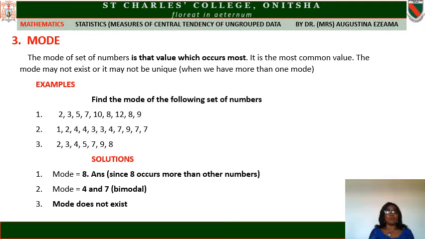Number 2, we have bimodal. When you have two numbers that occur more than others, you have bimodal. Here, the mode is 4 and 7.